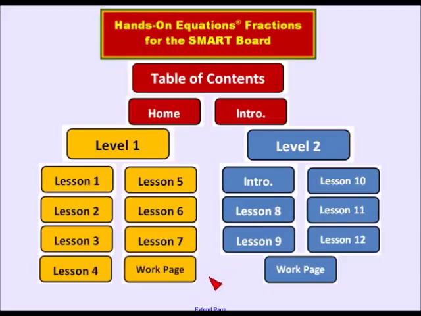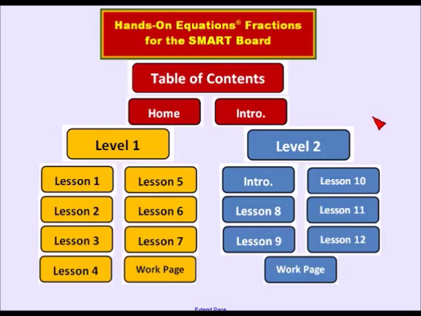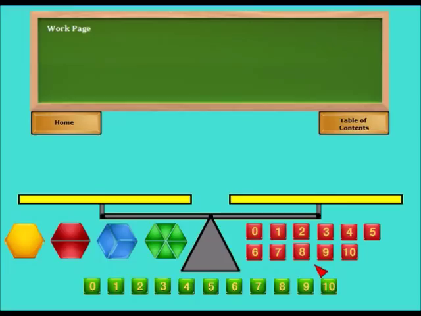Also notice that there's a work page for level 1 and a work page for level 2. The work pages allow you to write any of the equations from the worksheets if you wish to display those solutions on the interactive application.